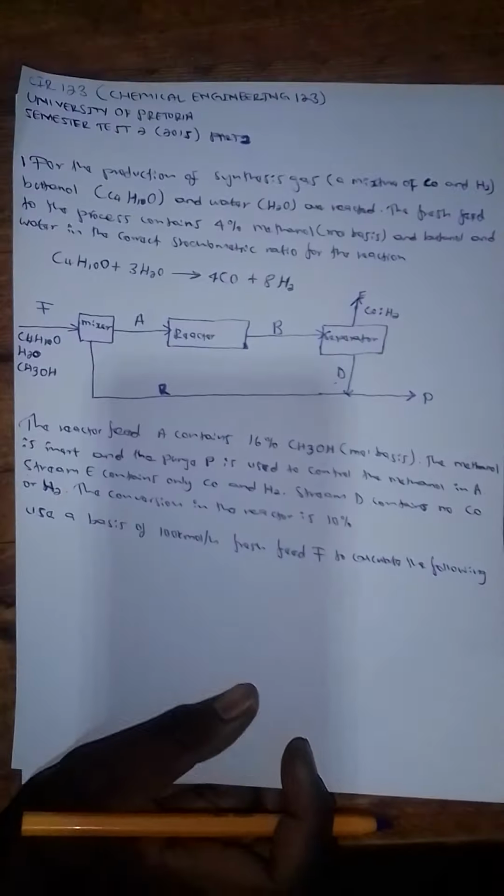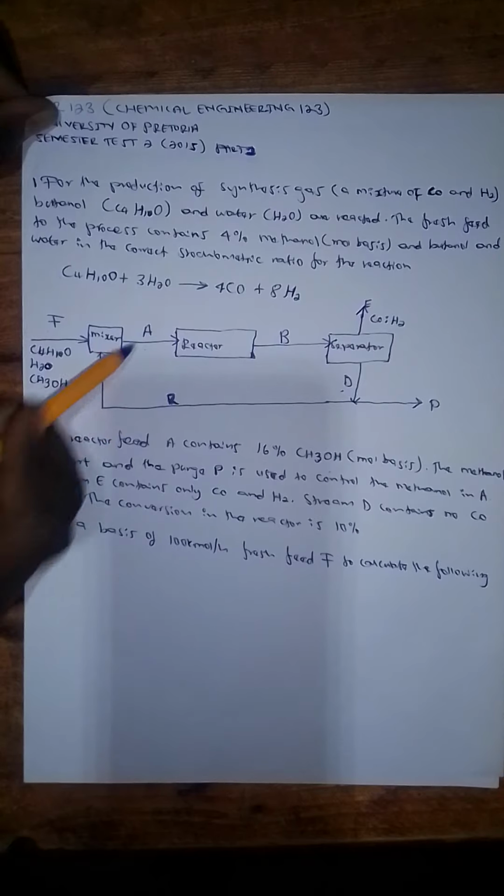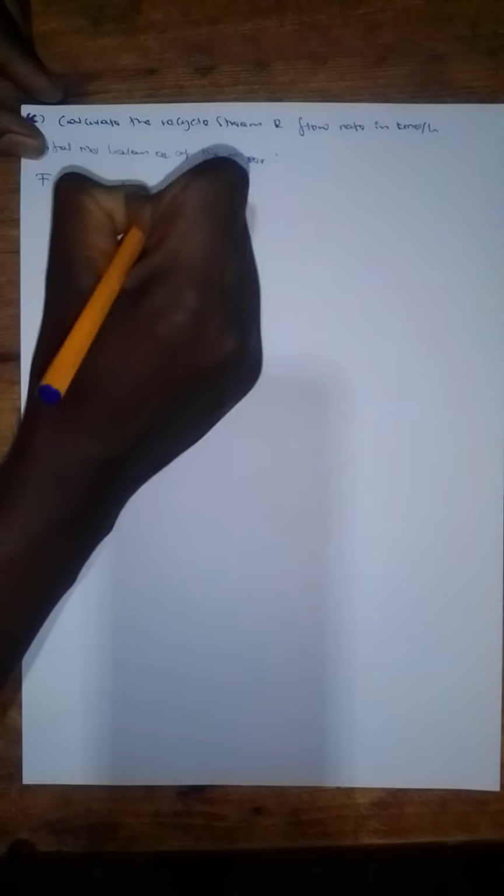This is the mixer here. We know from the diagram that F plus R is equal to A. So this becomes our first equation.